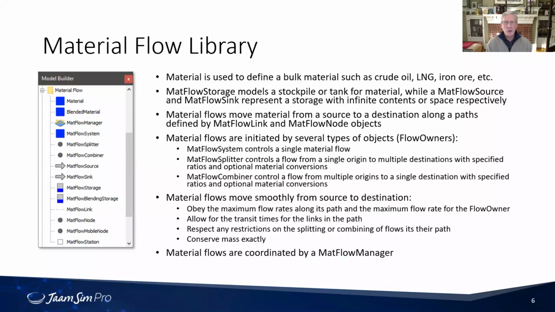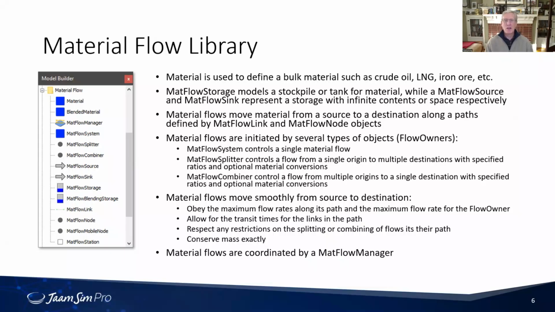The material flow library is similar in some ways in design. It defines a material, which is a bulk material, which could be a liquid or solid bulk. So it could be crude oil, LNG, iron ore, coal, you name it. The materials can be held in a mat flow storage object, which represents a tank or a stockpile.